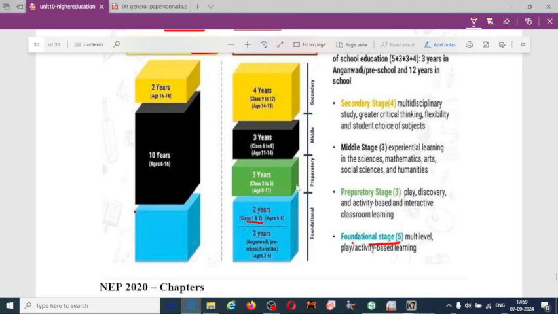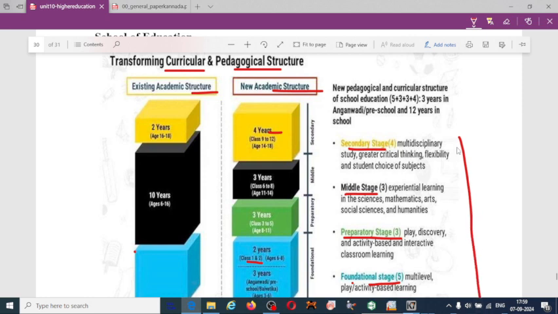Then 3 to 5, that is the preparatory stage. After that, 3 years, 6 to 8, the middle stage. Then 4 years, 9 to 12, the secondary stage. So this is the new academic, pedagogical and curricular structure, that is 5 plus 3 plus 3 plus 4. 3 years in Anganwadi or preschool and 12 years in school, we can say.